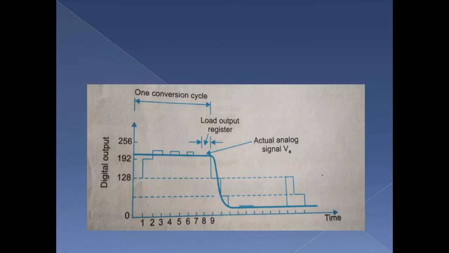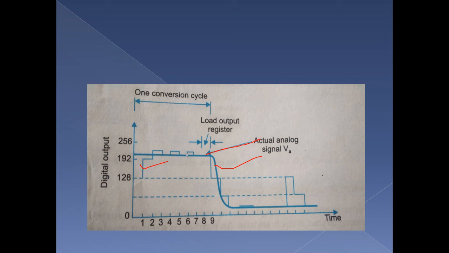Here you can see this graph. This is the analog signal VA, and this is the converted digital signal. If you look, there is not much difference; the error is very low between the analog input and the digital output.